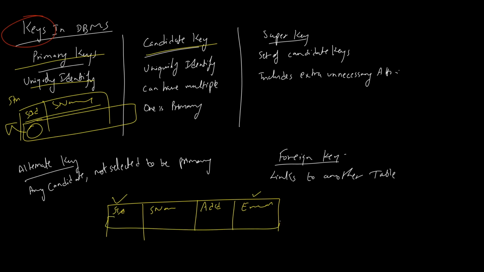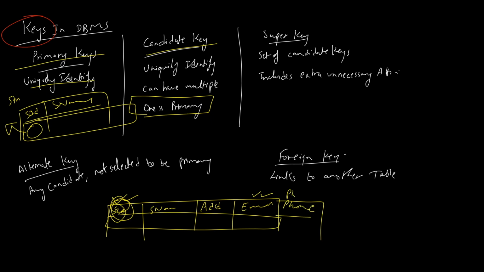So both of these keys will be called candidate keys. And one of the candidate keys is always used as the primary key, which over here is the ID itself. Every table can have multiple of these. There could be a phone number as well, which could again be a candidate key, but we are not using it as primary key.